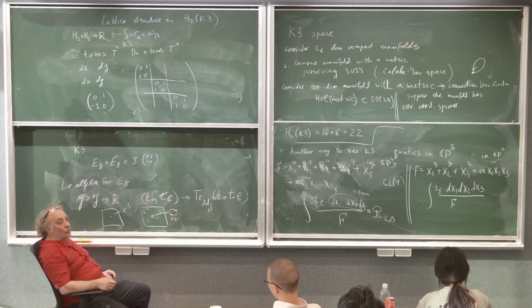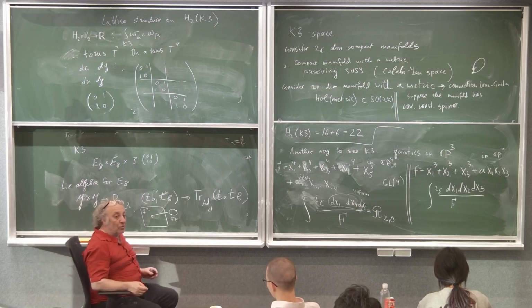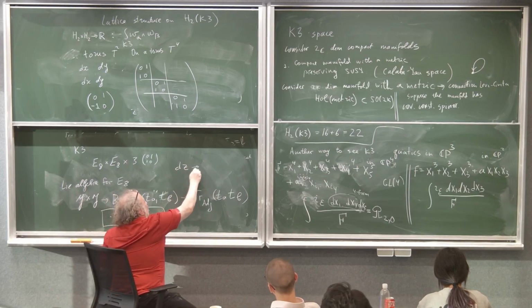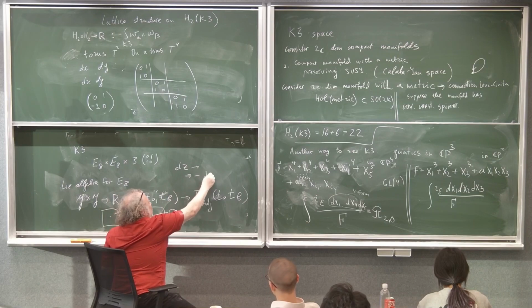What would happen if we try to do the same not for T4 but for T2? There we also can do this map and we have four fixed points. You see, we would not do it because dz goes to minus dz.